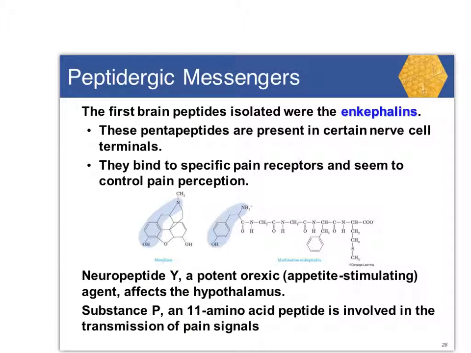When its receptors are blocked, then appetite is suppressed. The substance leptin, which is a protein, is considered an anorexic agent.